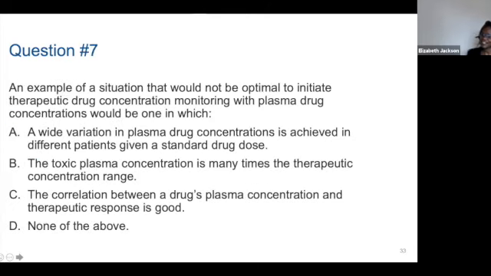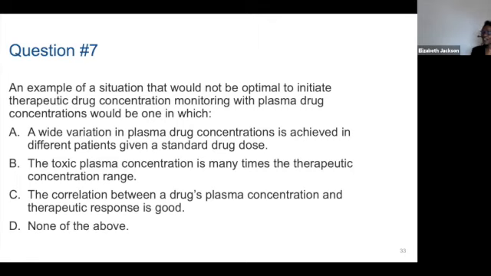We will go to question number 7. An example of a situation that would not be optimal to initiate therapeutic drug concentration monitoring with plasma drug concentration would be one in which A, a wide variation in plasma drug concentration is achieved in different patients given a standard drug dose.